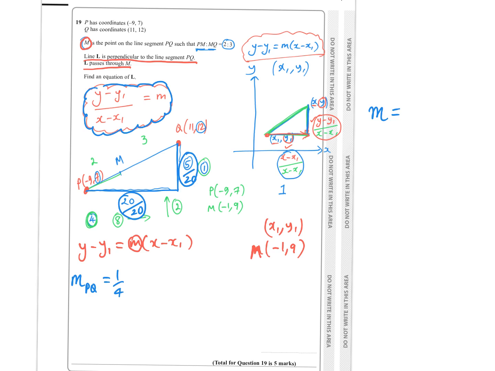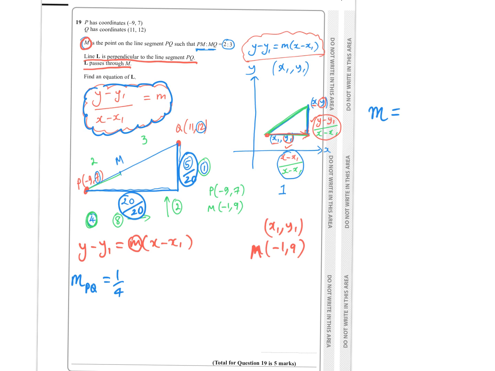Another way that people like is to use this one here and say the gradient is the difference in y divided by the difference in x. So if I look at the difference in y, don't forget there's 12 here and 7 here, so I'm going to do this number minus this one. I could do this one minus this one, but then if I want the difference in x, if I started from left to right, I'd have to take away from left to right here. I can't swap the order in which I do it.